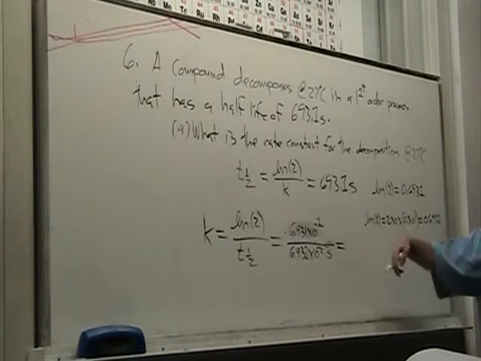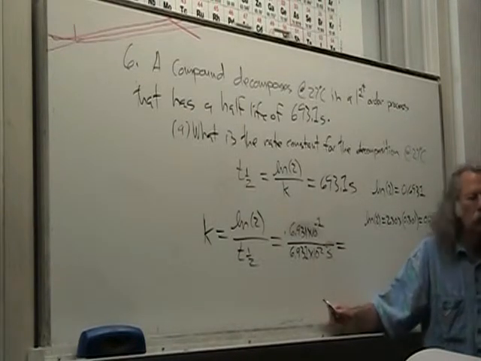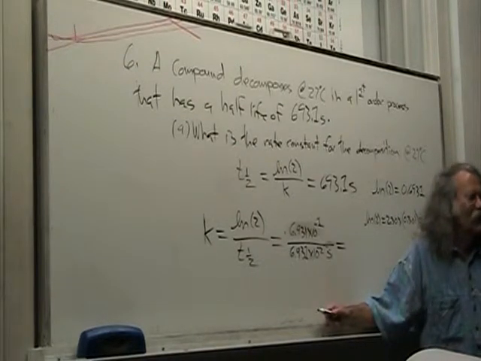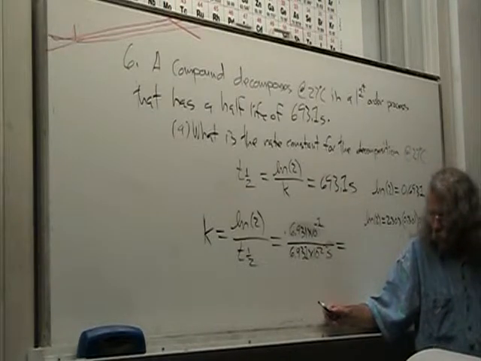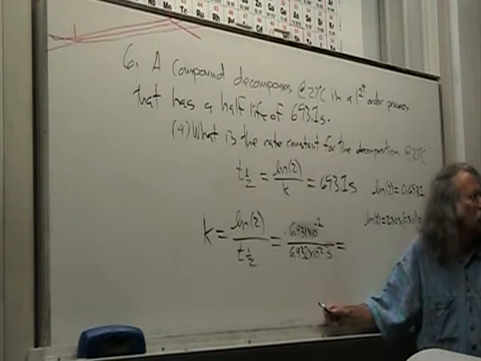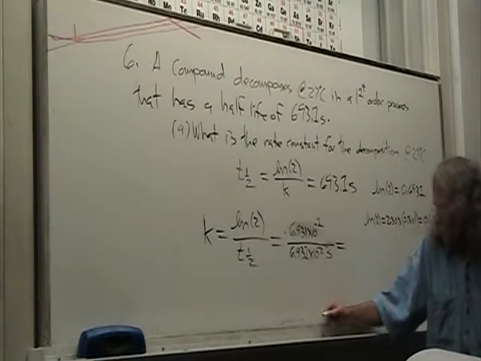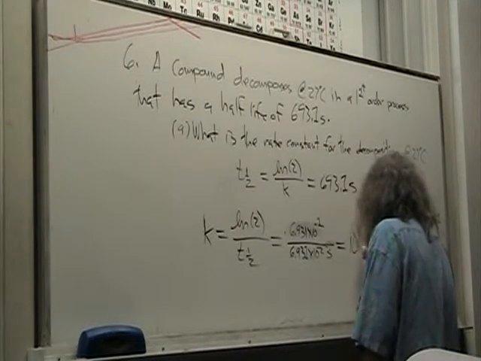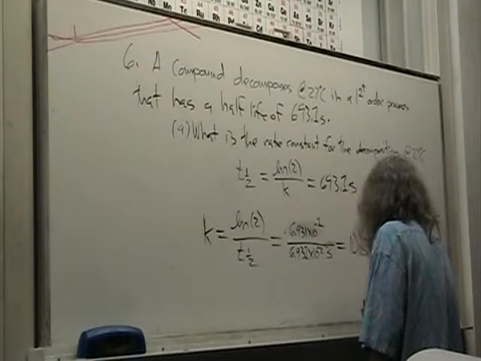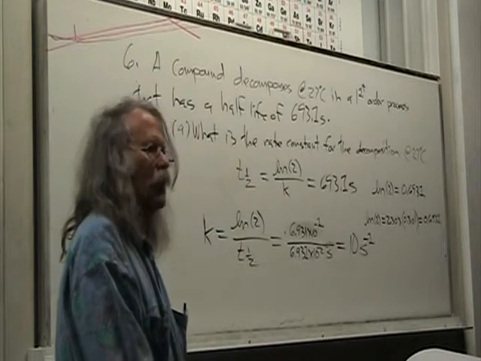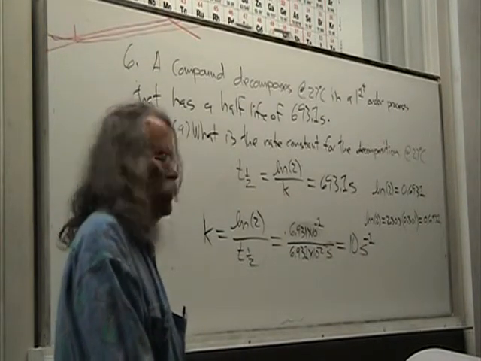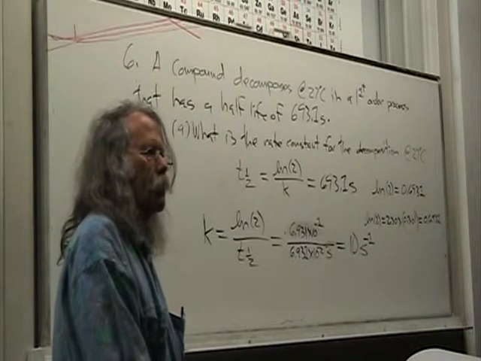And so the math is very difficult. 6.931 divided by 6.931 is 1. 10 to the minus 1 divided by 10 to the minus 2 is 10 to the 1. So it's 10 per second. That's the rate constant. First order processes have units of per second.